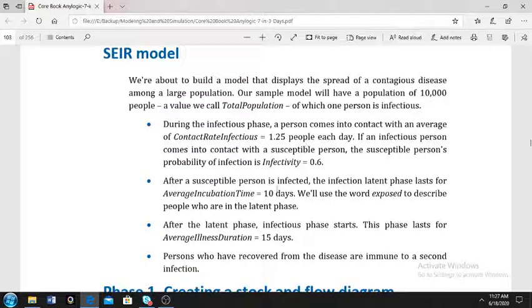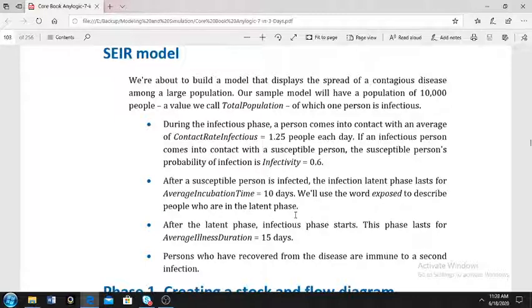After a susceptible person is infected, the infection latent phase lasts for 10 days. So we call it average incubation time. This probably is going to be an auxiliary. So it is 10 days. We will use the word exposed to describe people who are in the latent phase.